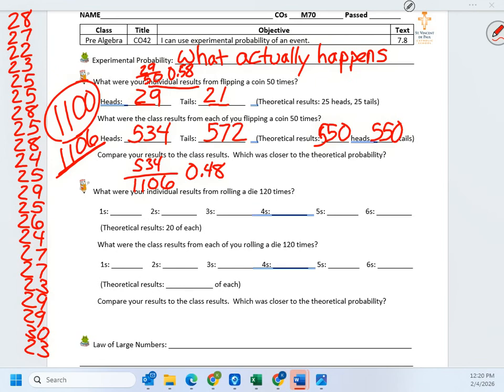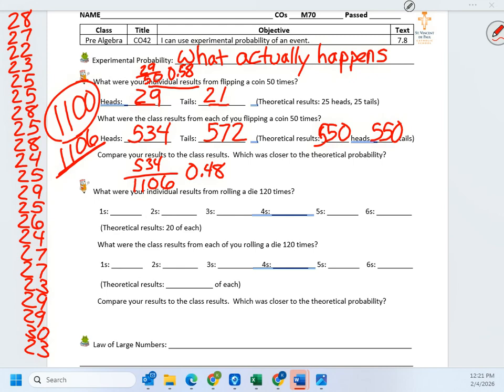How many of us were closer to that 50% than the 48%? Raise your hand if you were closer to 50% with your individual results than what the class had. Raise it up high so you can count. So 1, 2, 3, 4, 5, 6, 7, 8. 8 out of 23 people had their individual results closer to the theoretical probability than what the class did.